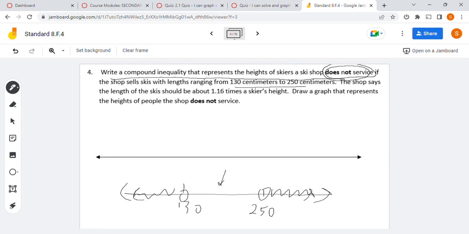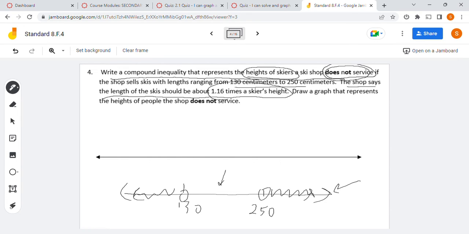Now, we need to think about the heights of the skiers. And so currently we have the heights of the skis, so we need to transfer that to the skiers' heights. And that's where this next sentence comes into play. It says, the shop says the length of the skis should be about 1.6 times a skier's height.